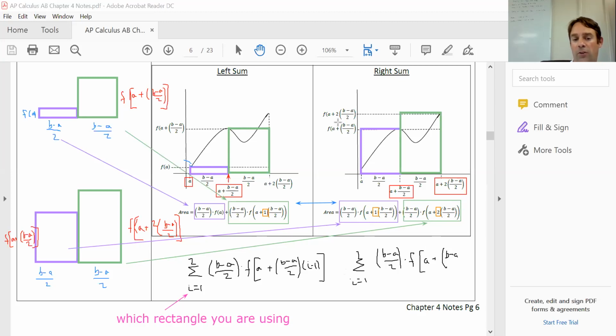Well, that is this actual number. So in this case, we're going to just have our partition be the letter i. So how many b minus a over 2's did we go? Well, we went over i.